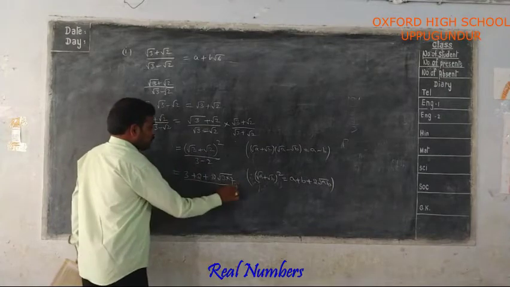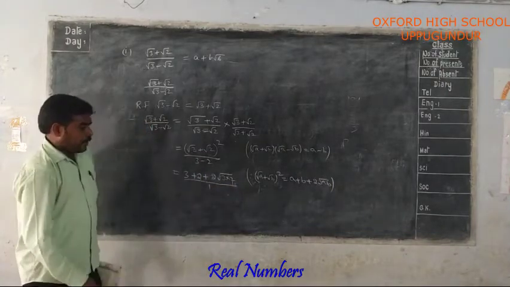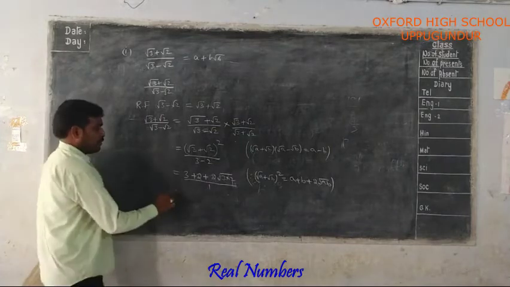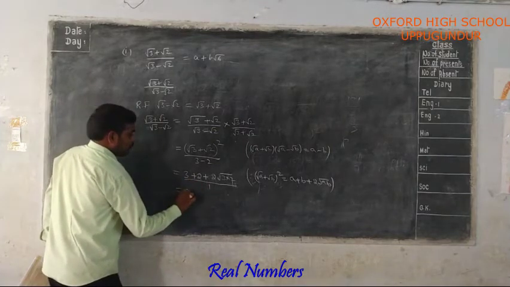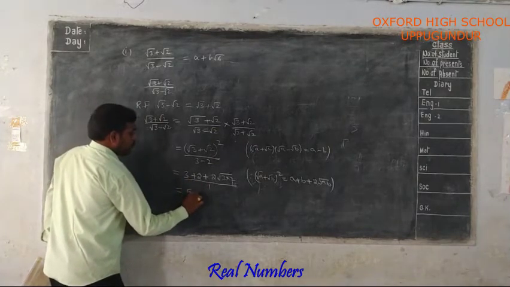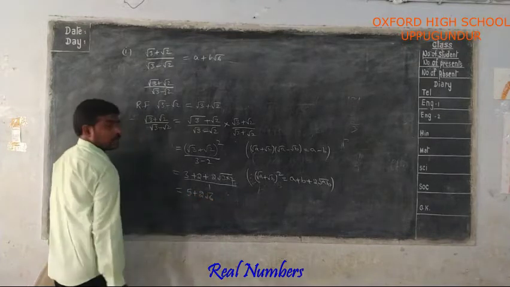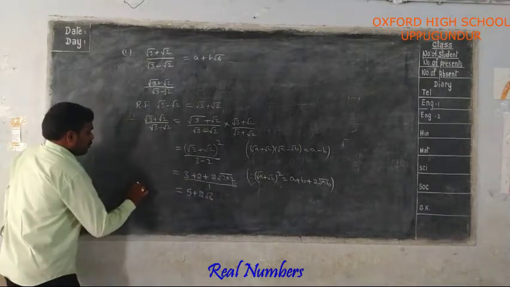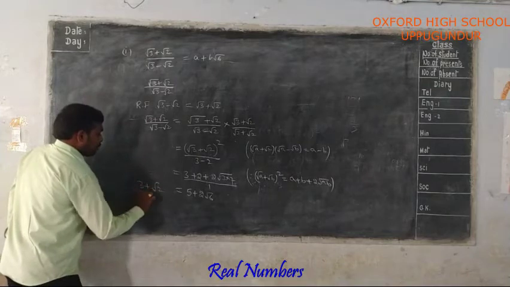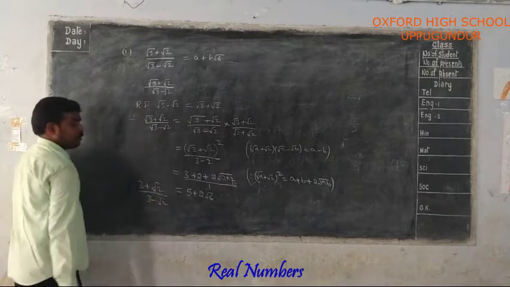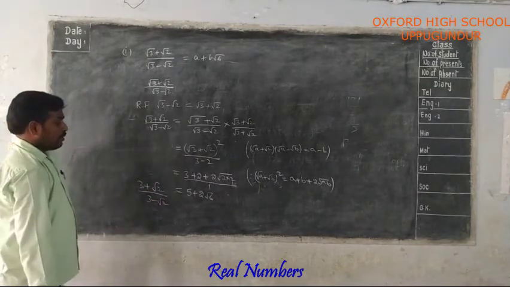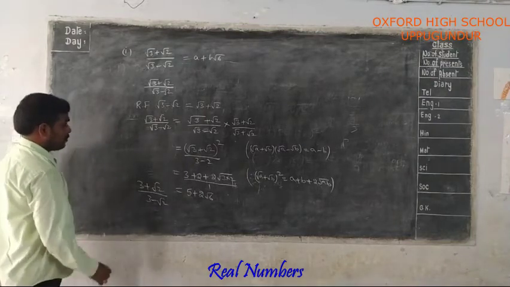Denominator is 3 minus 2 equals 1. So any number divided by 1, you will get the same number. So 3 plus 2, 5 plus 2 root 6. So root 3 plus root 2 by root 3 minus root 2 equals 5 plus 2 root 6. But what is given there?